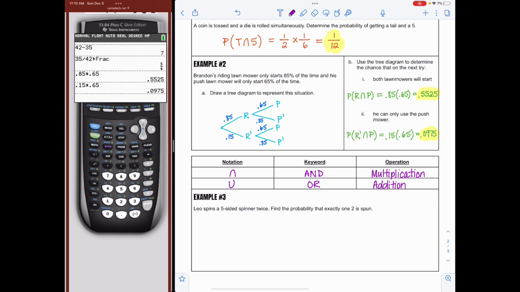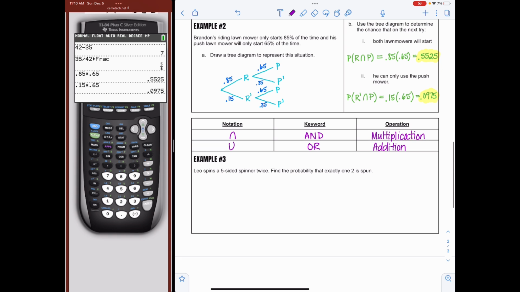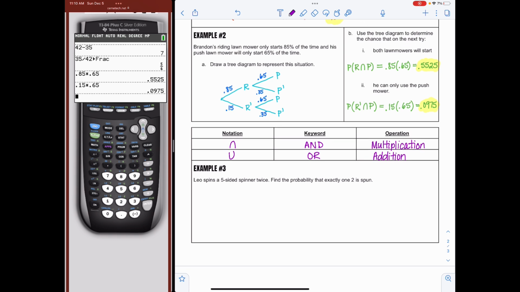So let's look at an example here for number 3. So it says Leo spins a 5-sided spinner 2 times. Find the probability that exactly one 2 is going to be spun. Okay, so he is spinning a 5-sided spinner twice.